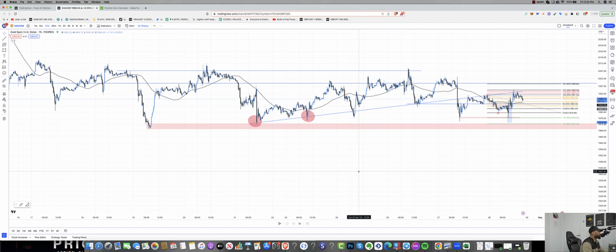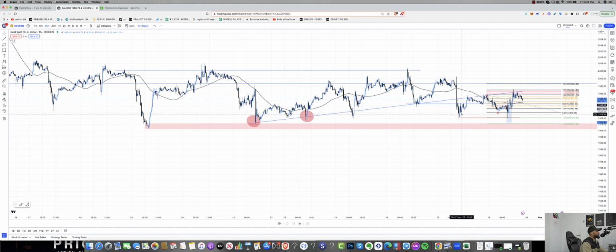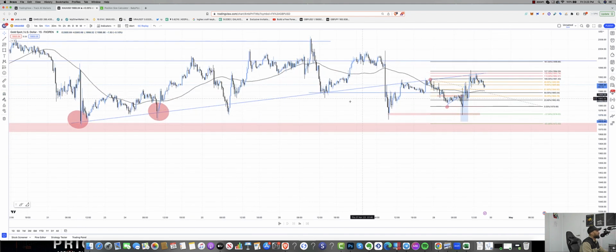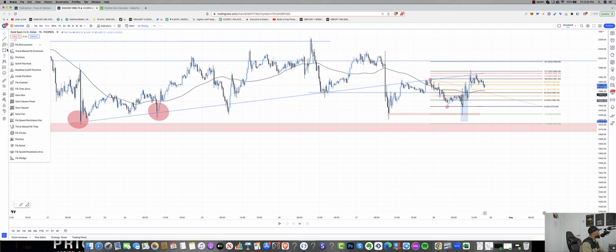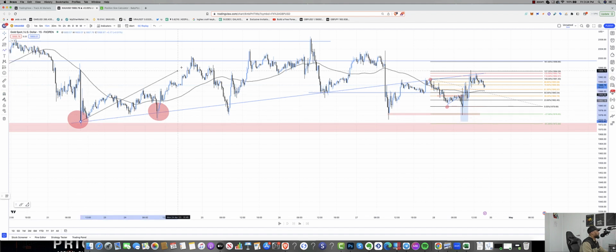And just seeing the overall structure of gold in the morning, we can see that we were making higher highs, higher lows, you know, about similar highs, and then we made a lower low from here, and then looking like a lower high from here as well.